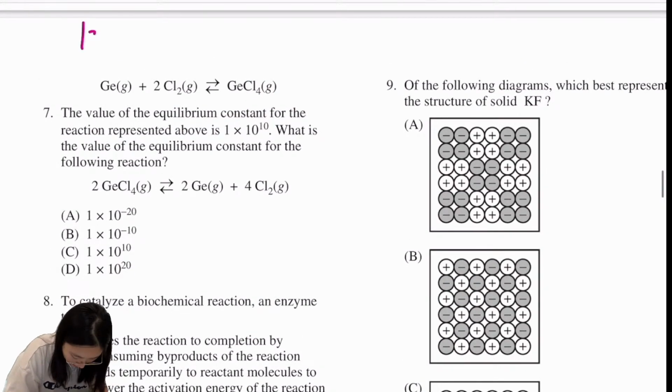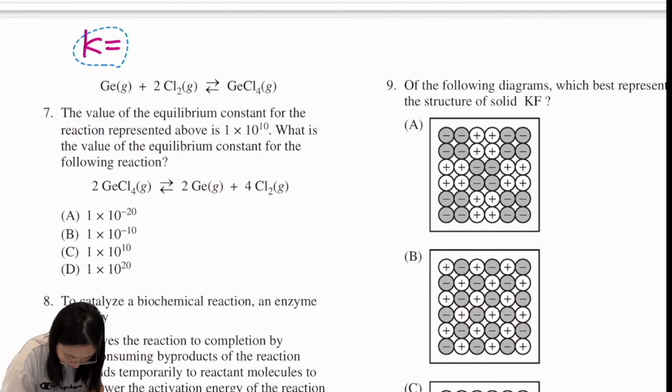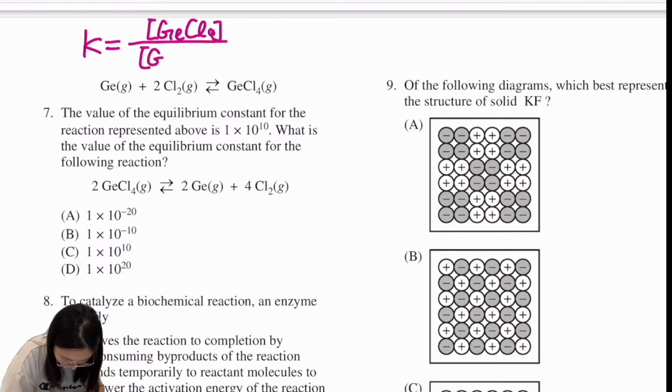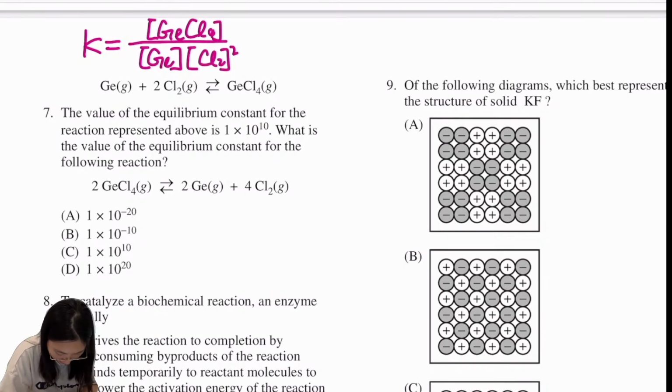K, the equilibrium constant, equals the concentration of the products divided by the concentration of the reactants. That's the concentration of gallium tetrachloride divided by the concentration of gallium times the concentration of chlorine gas squared, and that equals 10 to the 10.